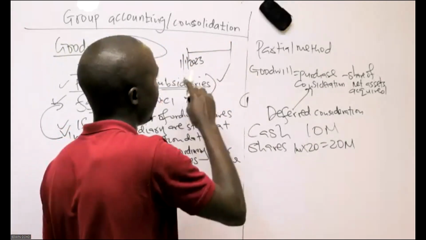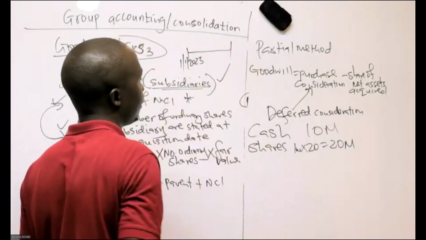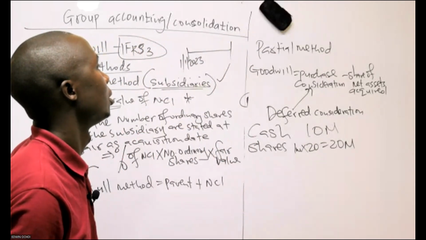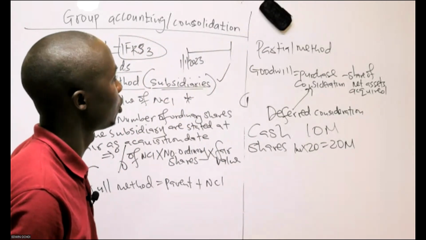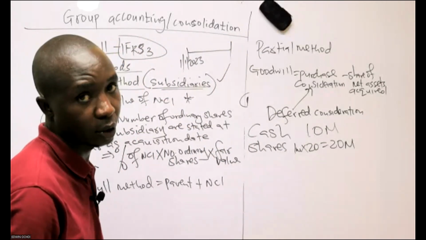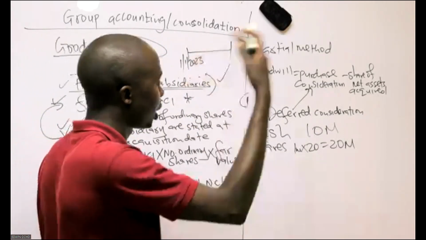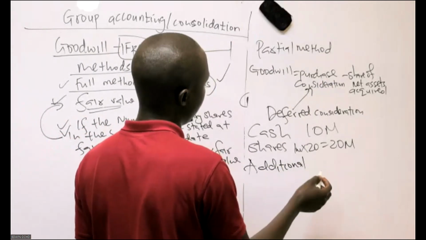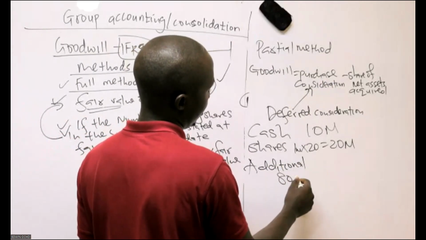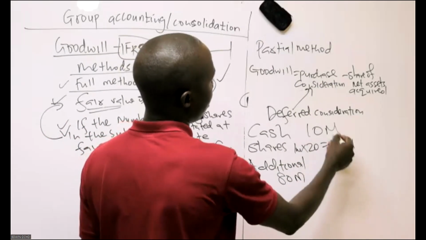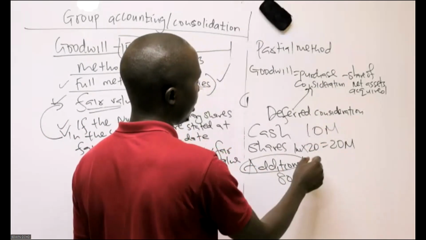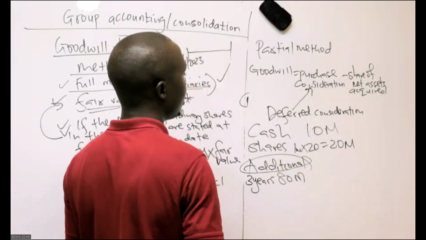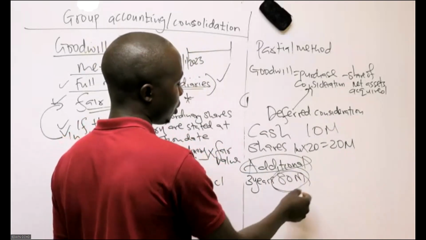Then they said that after 3 years, which will be 2025, at the end of the year 2025, they will pay additional cash of, let's say, 80 million. So would I add this here directly? Remember, this one is paid in the future, after 3 years. So to get my purchase consideration, what would I do with the 80? Well, this one will be paid in the future.